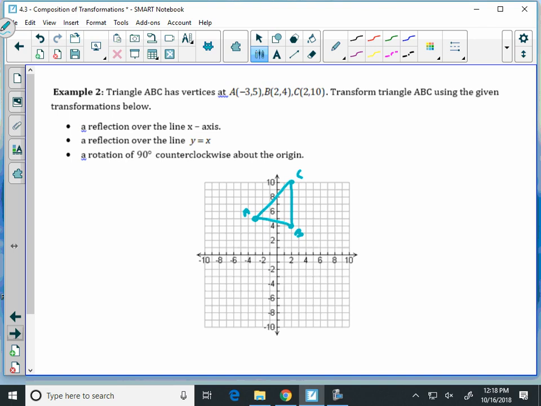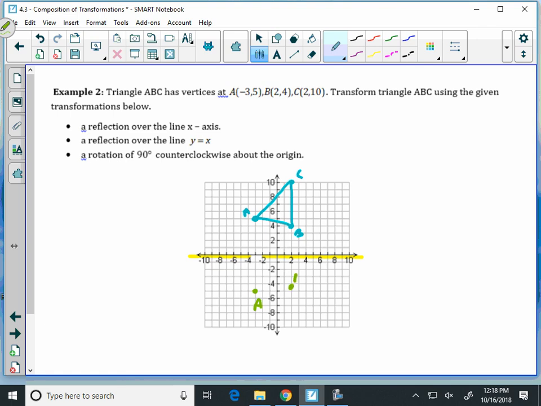And then we're just going to go in order of these transformations. First, we're going to do a reflection over the x-axis. So again, just highlight that x-axis. And then just count, just like we've been doing. This is 1, 2, 3, 4, 5. 1, 2, 3, 4, 5. Remember that A. This is 1, 2, 3, 4. 1, 2, 3, 4.